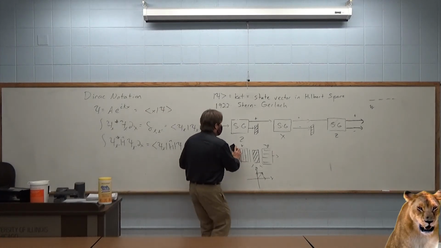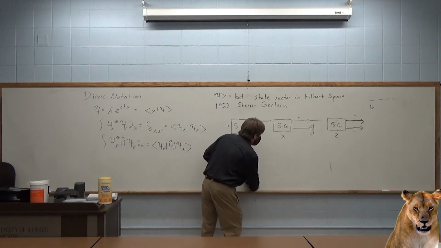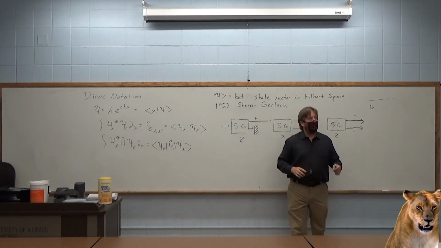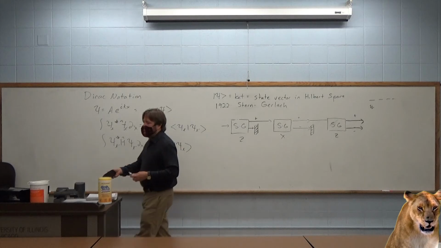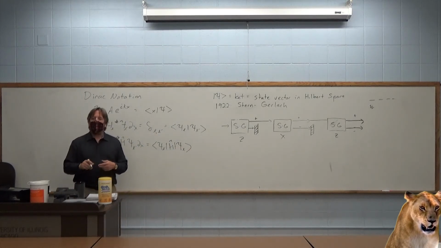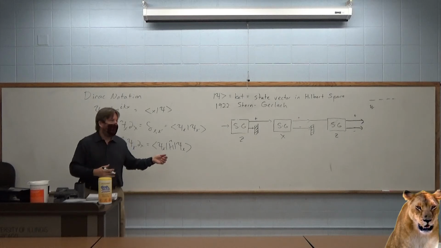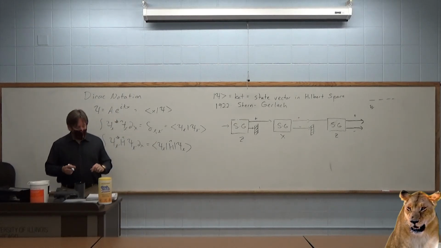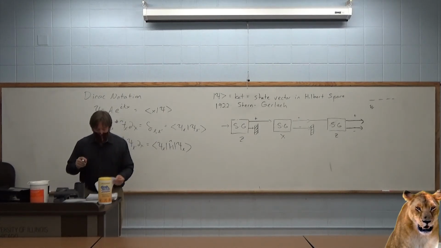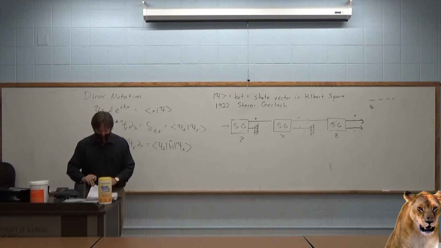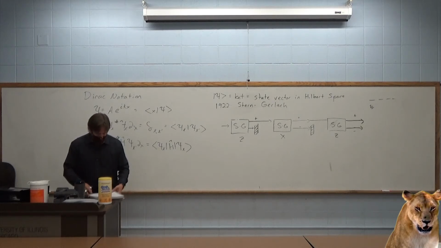Now what we've got to do is start, this behavior is 100% quantum mechanical. Deeply quantum mechanical. And now we're going to start using quantum mechanics to describe it, and we're going to use Dirac notation because, again, it really sucks not to use Dirac notation. If I don't use Dirac notation, you're going to hate doing these problems.